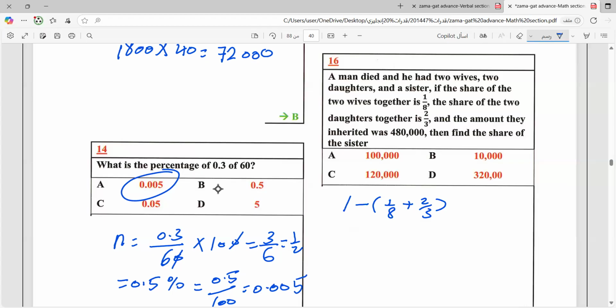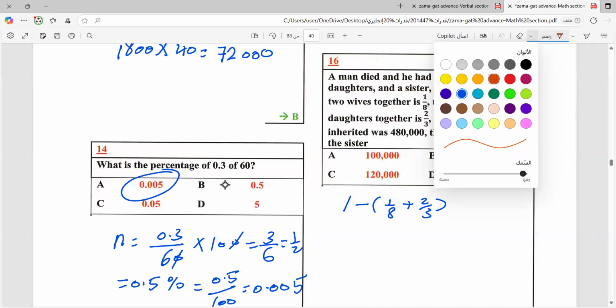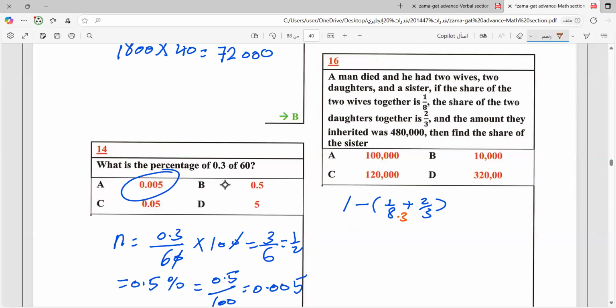Clear? Then we put the same denominator. For 1/8 you multiply by 3, so it's 3 over 24. For 2/3 you multiply by 8, so the same fraction, 24.